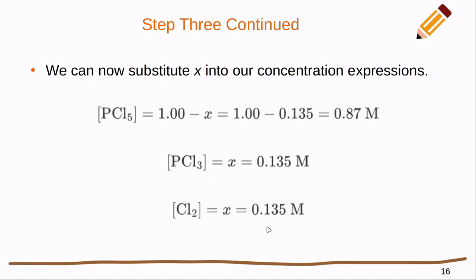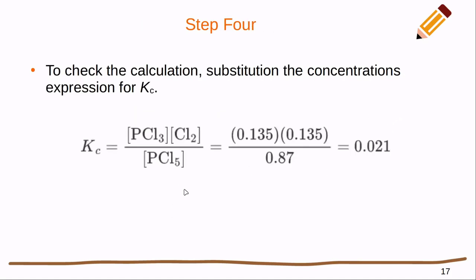They're equal to each other, and they're both 0.135 molar. Now we know our equilibrium concentrations, and we go back to our definition of Kc, and we plug them in, and we see that that does in fact equal the Kc that we know. So that's our check to make sure that these concentrations are correct.